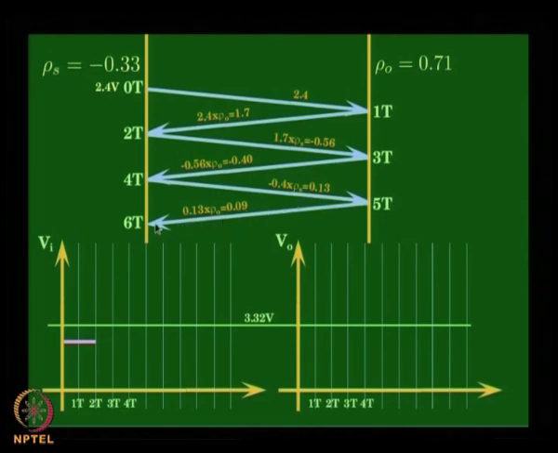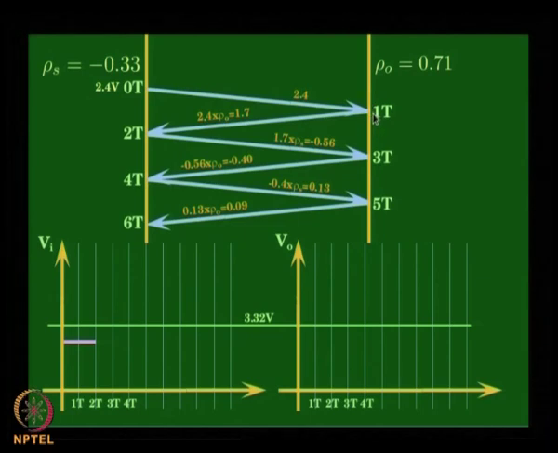It keeps going. So, you see that finally it keeps decreasing, ultimately it will go to 0 exponentially, asymptotically. Now, at every point of this reflection, you have 2.4 reaching here and 1.4 which is going out.